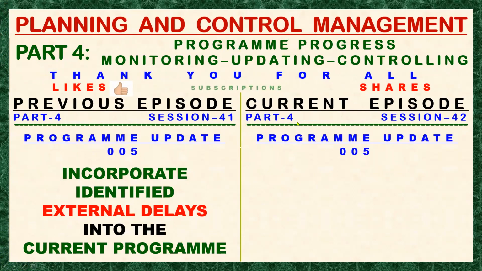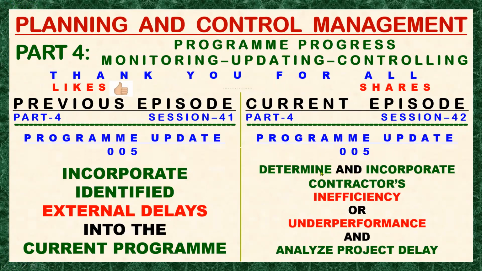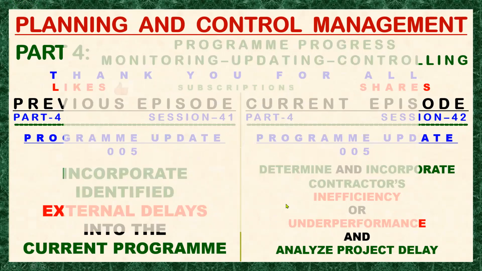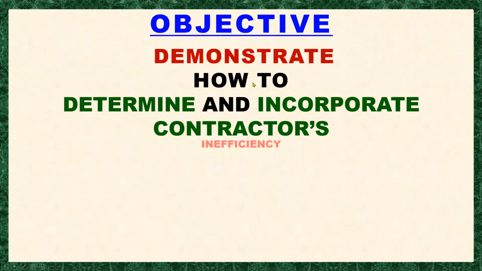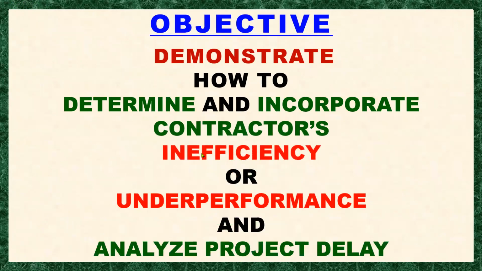Now, the current episode is Part 4, Session 42, still on Program Update 005, and we will be discussing how to determine and incorporate contractors' inefficiency or underperformance and analyze a project delay. Our objective here is to demonstrate exactly that.